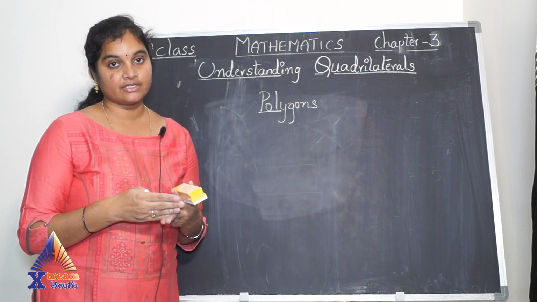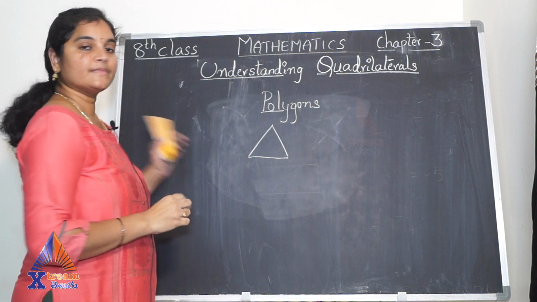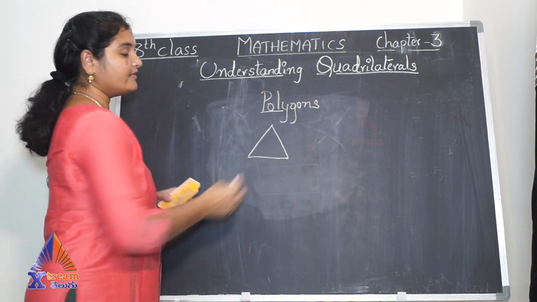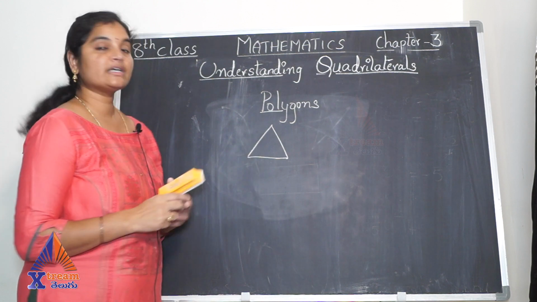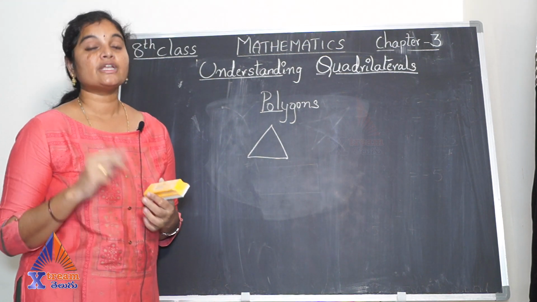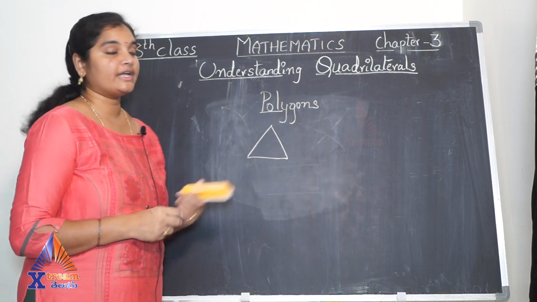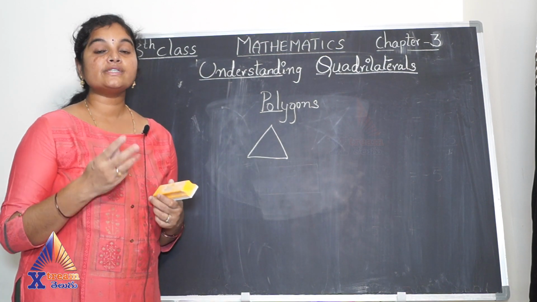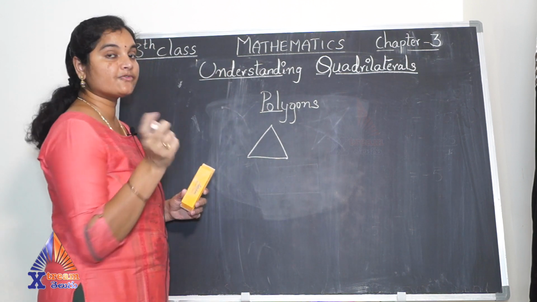It's nothing but a triangle. So we call a three-sided polygon a triangle, and a four-sided polygon a quadrilateral, where quadri is 4.